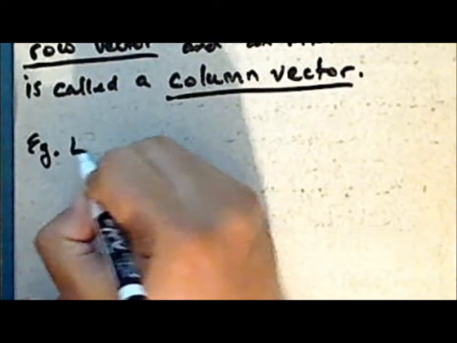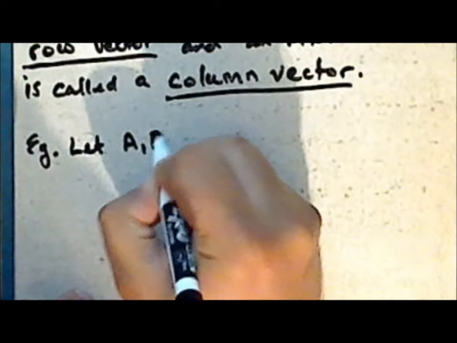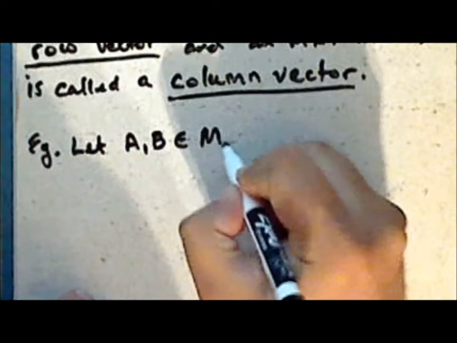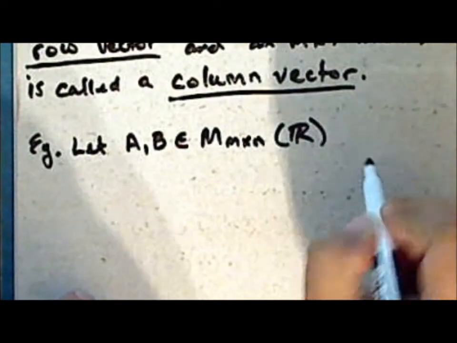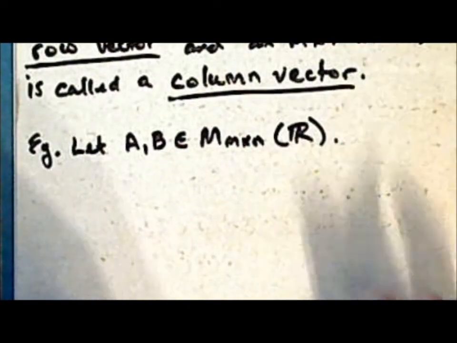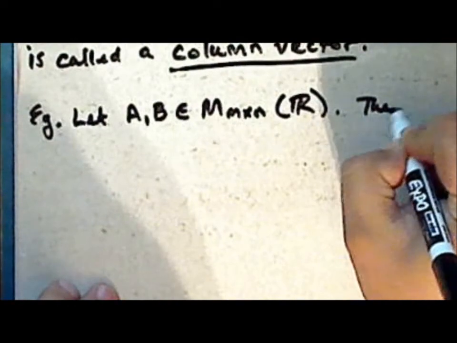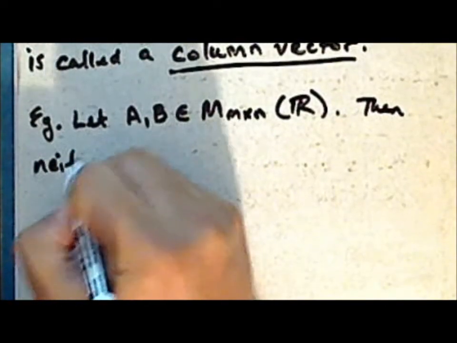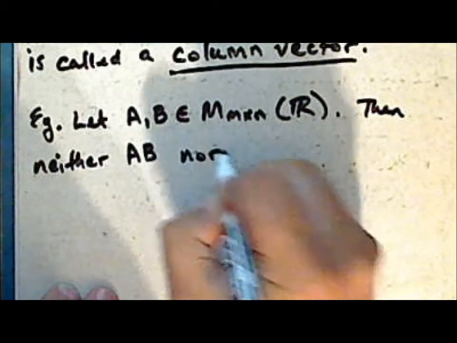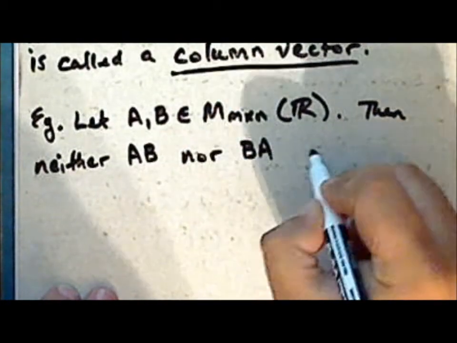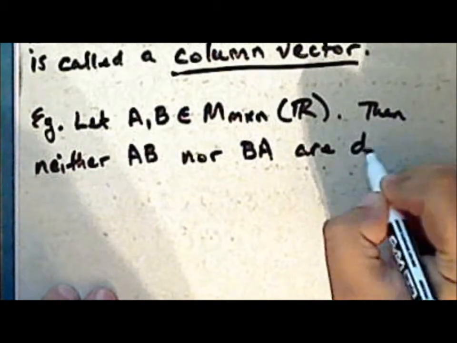So before we look at that, let's compare to a larger size matrix. Let A and B be m by n matrices with real components. Then neither the product AB nor BA are defined.